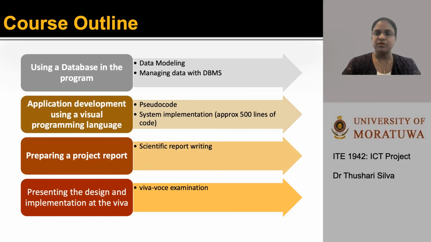At the end of all these activities, you will be called for the presentation and viva examination. You will be asked to present your system, identify the technologies that you have used, and present the work to the evaluation panel.